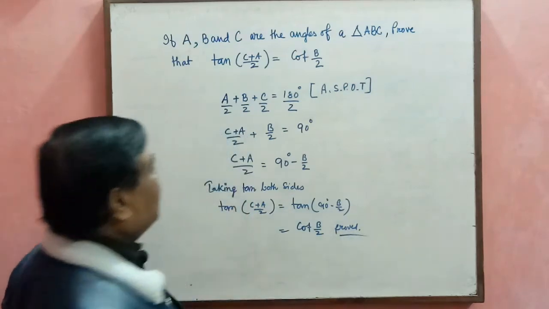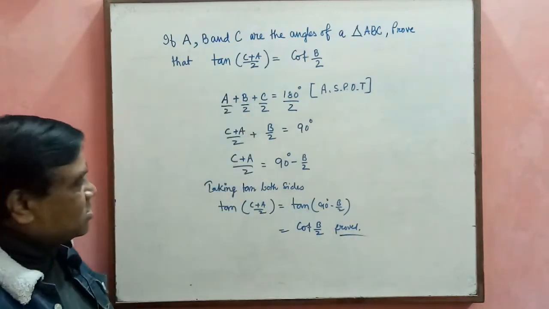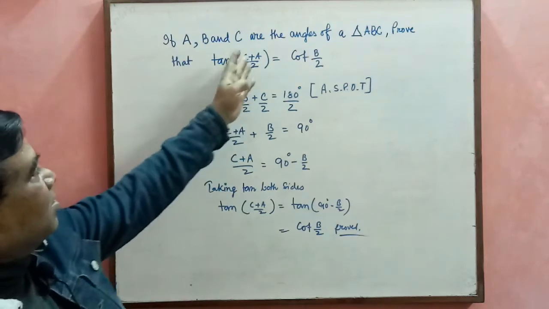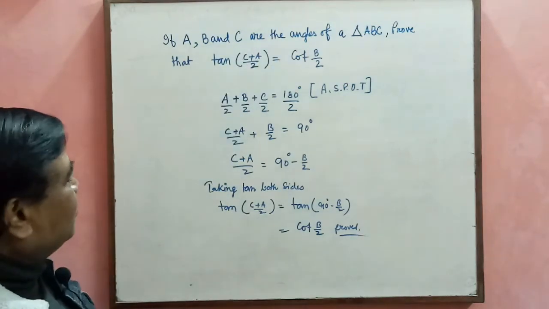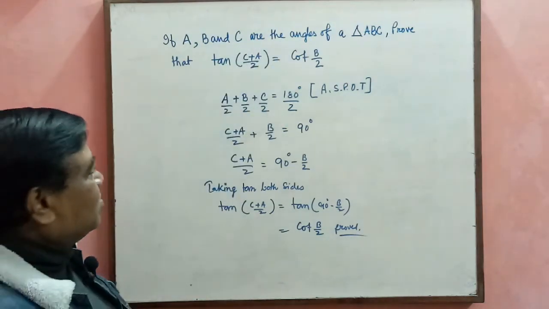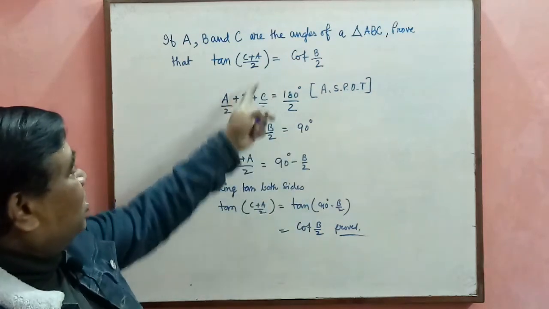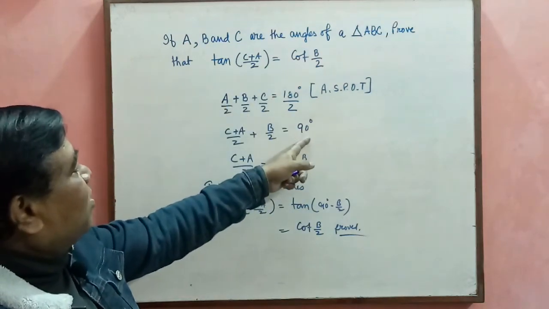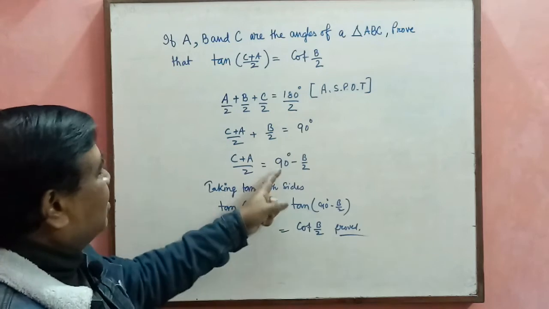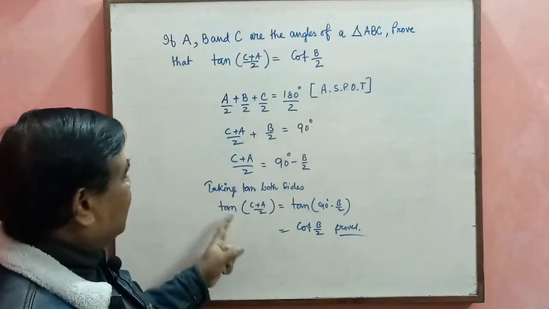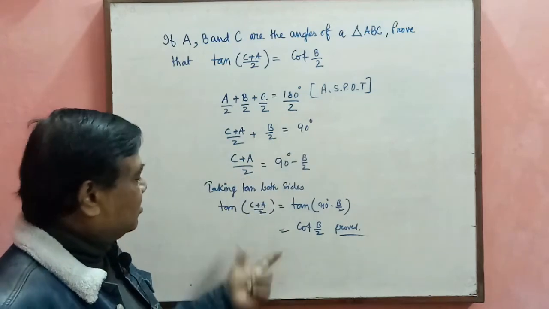This way we have very simple questions. Here these are the angles of a triangle. So A plus B plus C is 180 degree. You divide it by 2 so that 90 degree will automatically come, and then take it this side. Now taking tan, we have the relation.